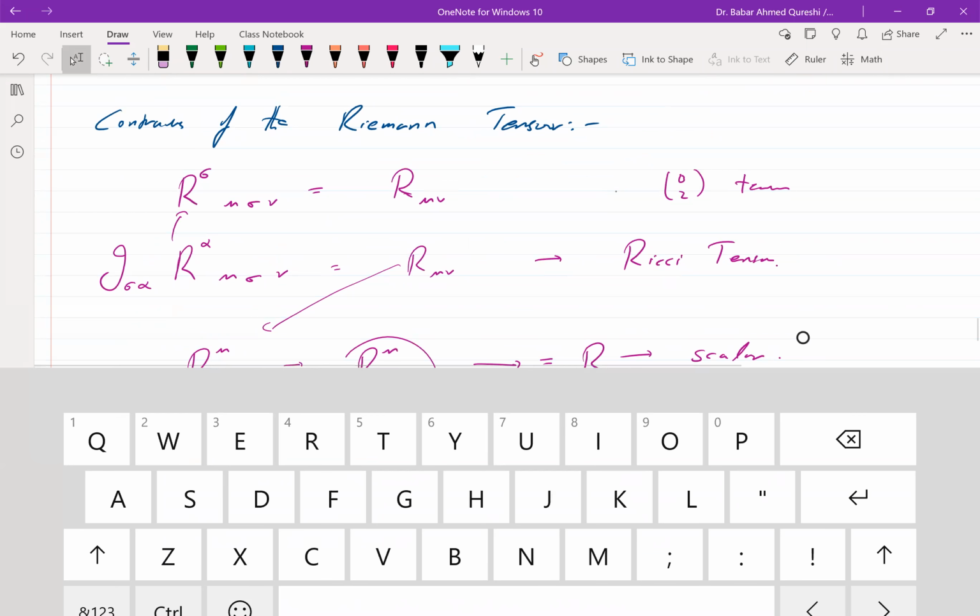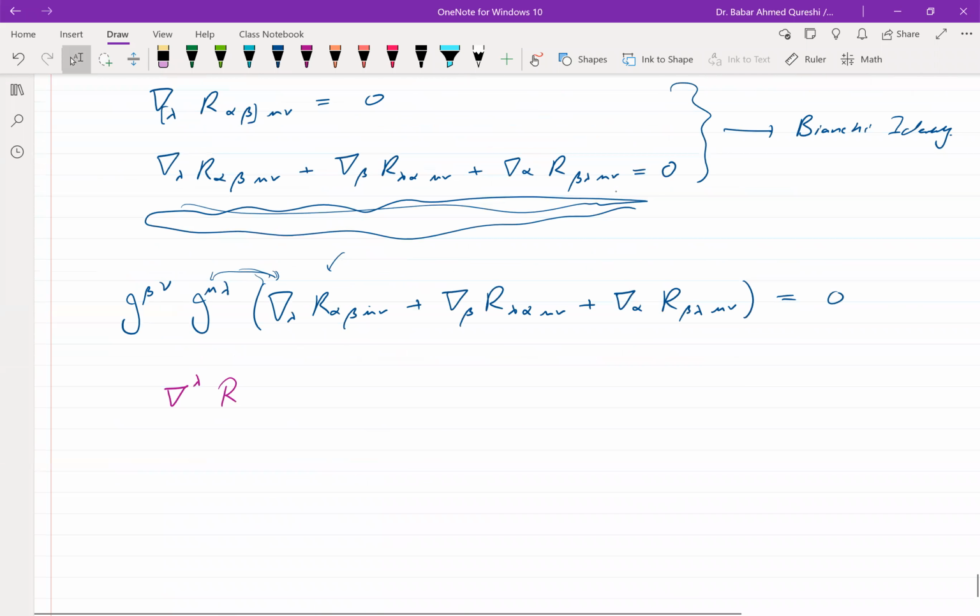So this gives me alpha, I can bring the beta here, and nu mu. I have reversed the order twice, so I don't get a sign. G beta nu. So this term is D lambda R nu alpha nu mu. So this is exactly the Ricci tensor.